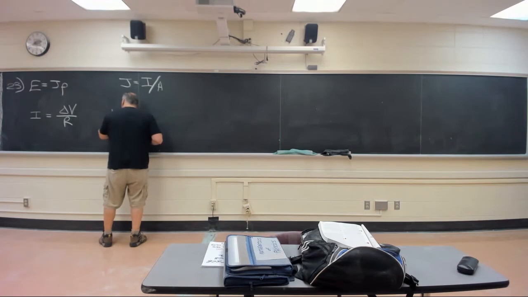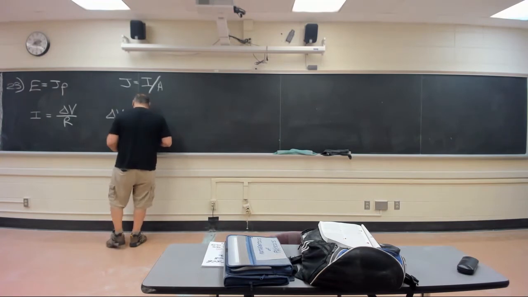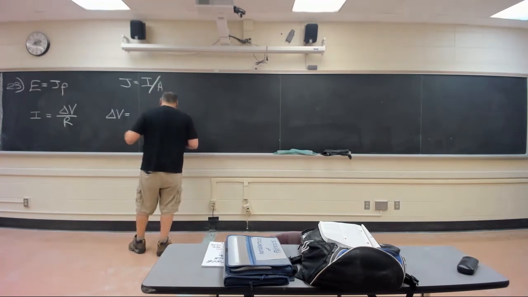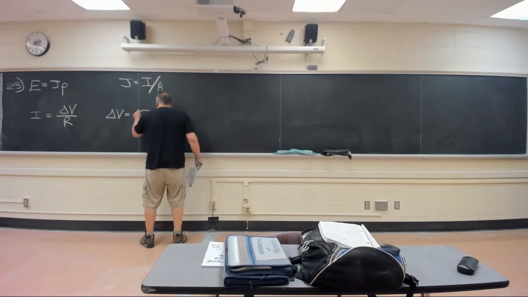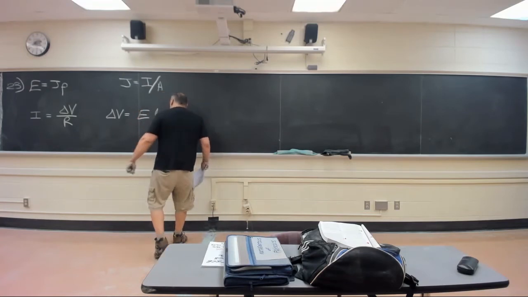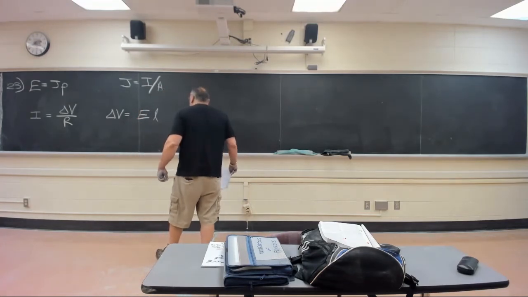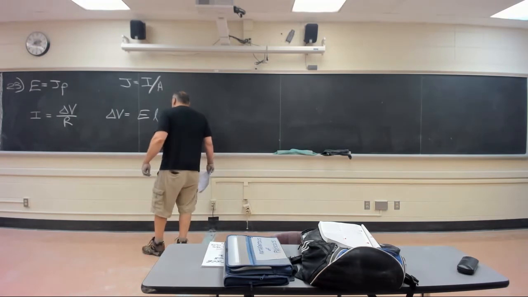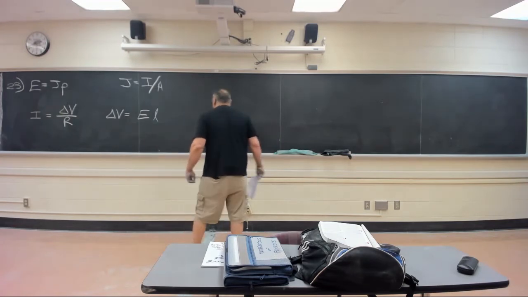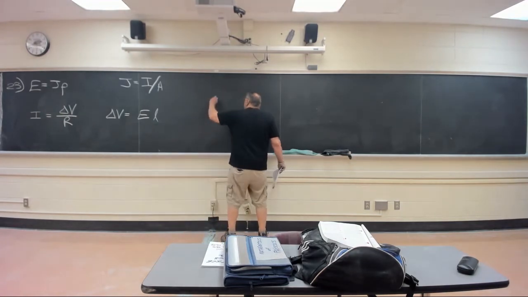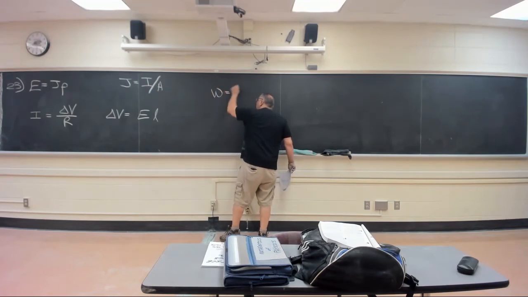Delta V, the change in potential, similar to what happened, change in potential difference between two capacitor plates was E times D, remember that? We'll say E times L. An E field applied over a distance, force applied over a distance, there's a lot of ways you can kind of look at it. You could say work is force times distance, let's say.